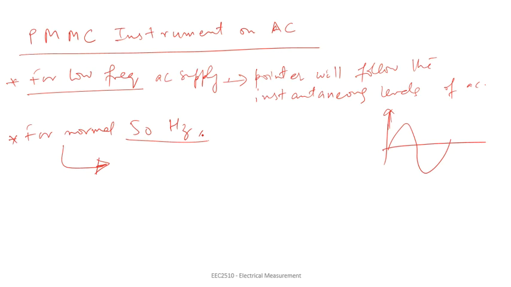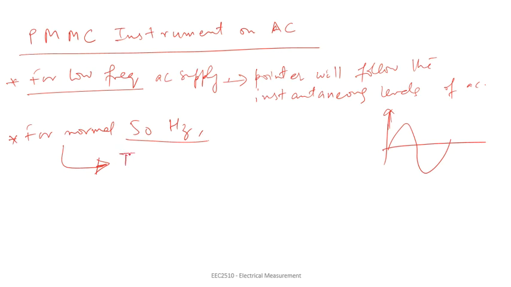We can also say that the instrument pointer will settle at the average value of the current flowing through the moving coil. And what is the average value in case of AC? We know that the average value is 0. So the pointer will stay at 0, or the instrument will indicate 0.